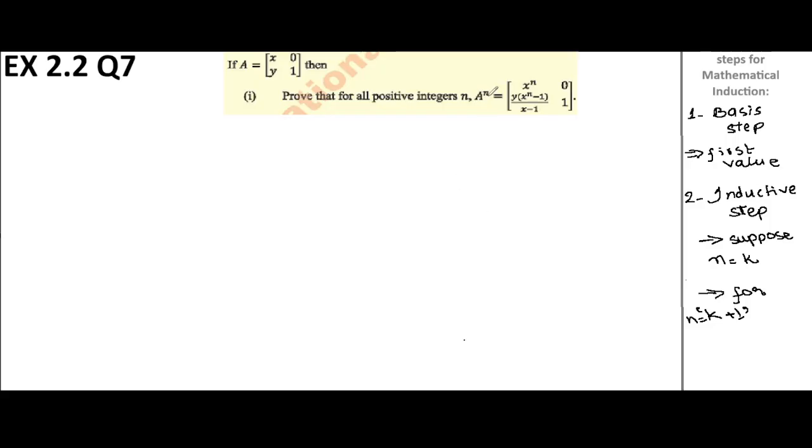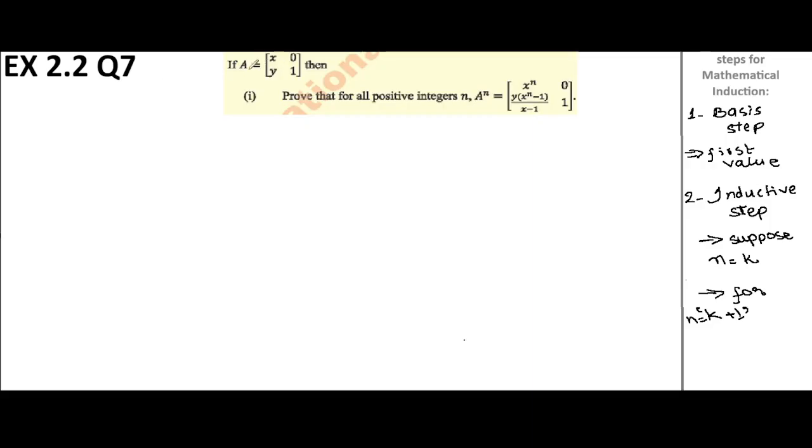We have to suppose that n equals k plus 1, and then prove this equation using what we have supposed to be true. We don't have to suppose the k plus 1 equation to be true, rather we have to prove it to be true. We will do it and then you can get it better.